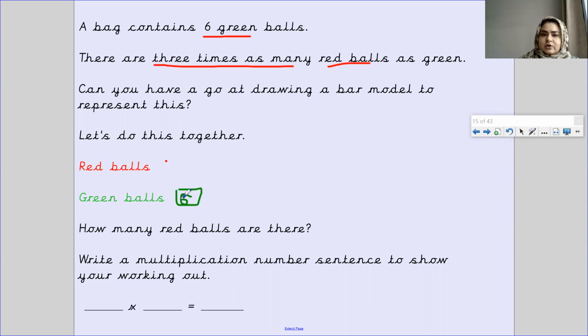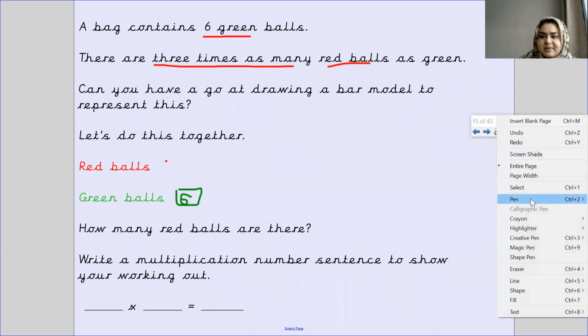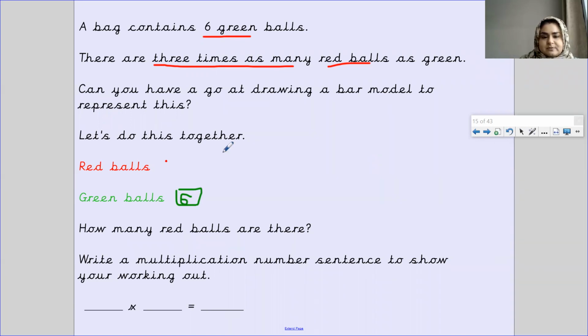Okay, so a bag contains 6 green balls. And then it says that there are 3 times as many red balls, which means your red balls are times 3. So I'm going to draw my bar, and I'm going to split it into 3. 1, 2, 3. So each bar, each square represents 3.